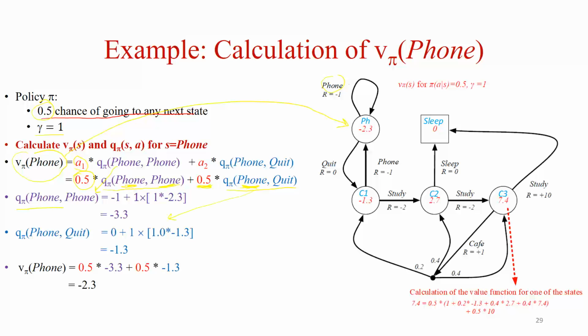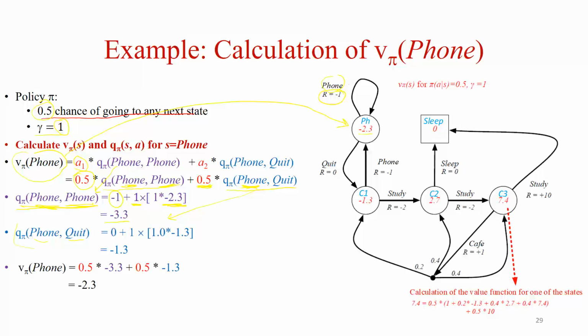So notice here the action value for phone, leaving state phone, is the reward of -1, right here, plus the discount, which I'm assuming is 1, times the state value of the phone, which is -2.3. That gives me -3.3, which is the action value when applying action phone in state phone. Now, if I'm applying the action quit on state phone, what's the action value?